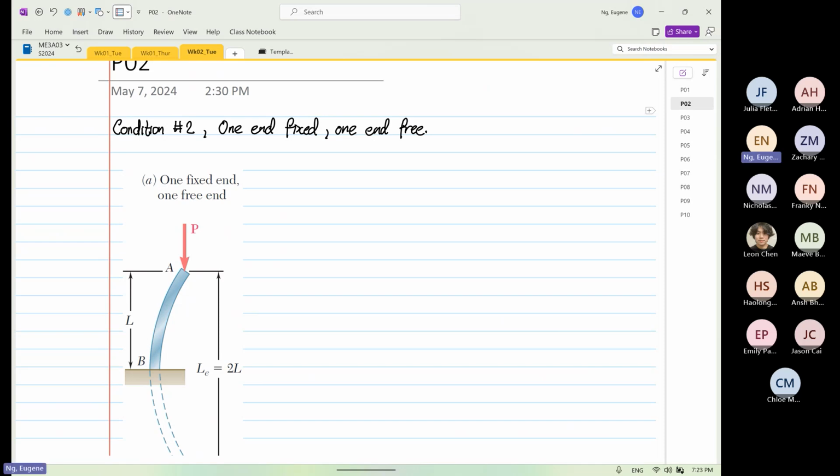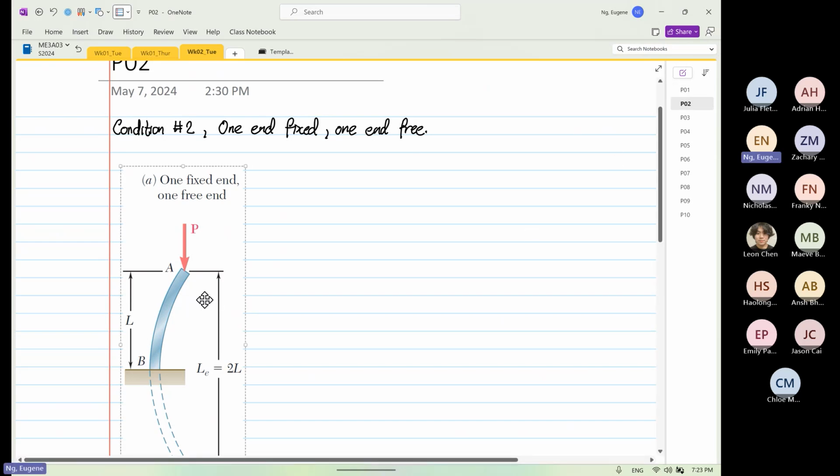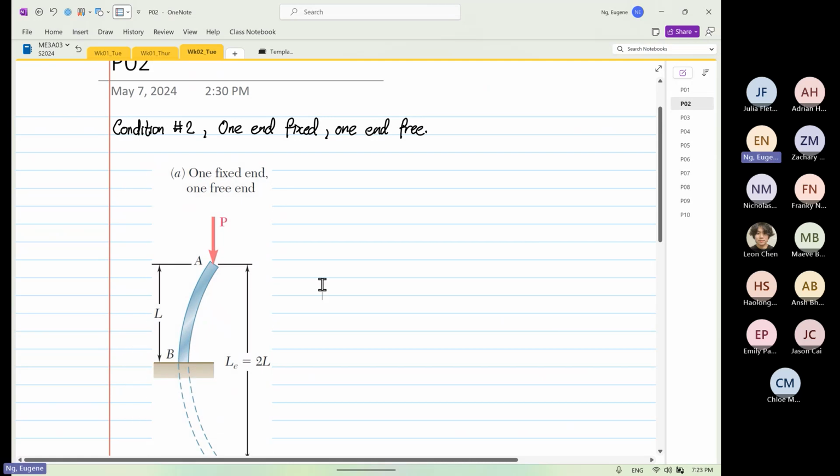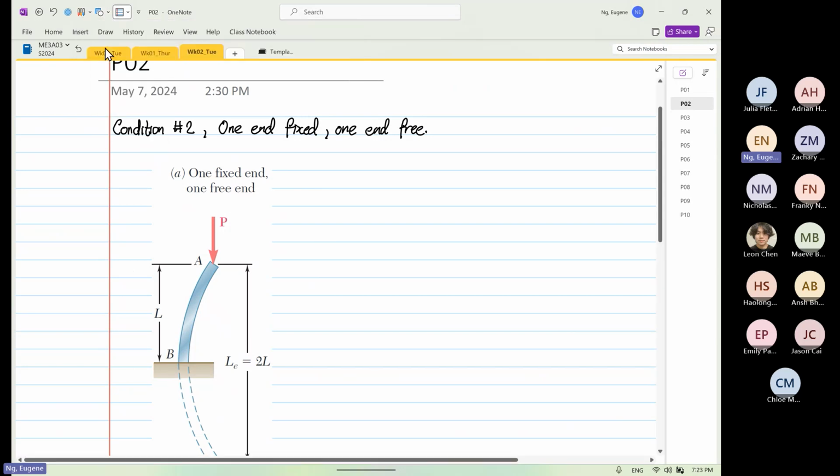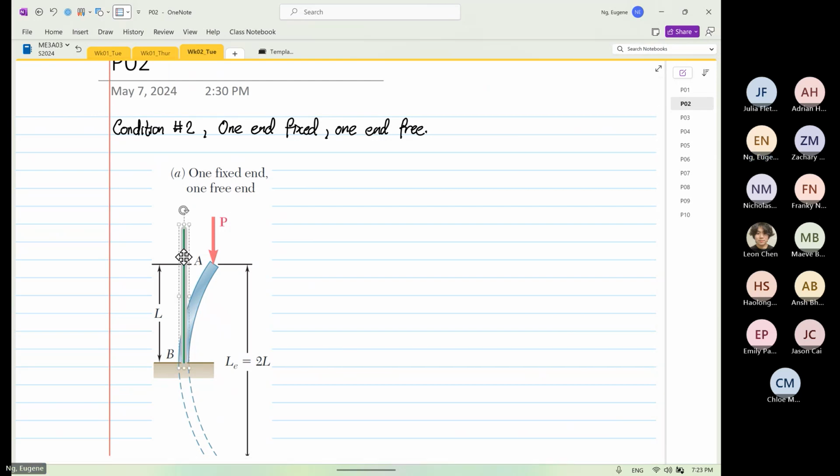Okay, so let me teach you how to identify what is fixed and what is free. If we were to sketch the centroid before deformation, this is our centroid.